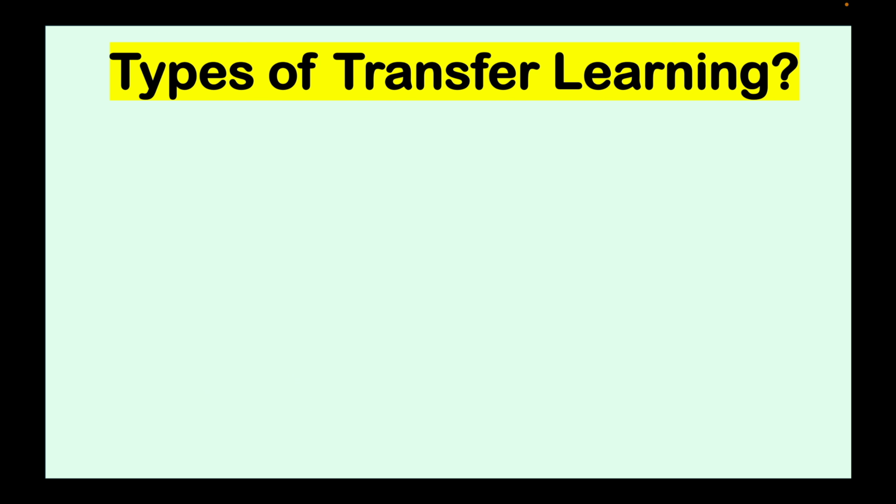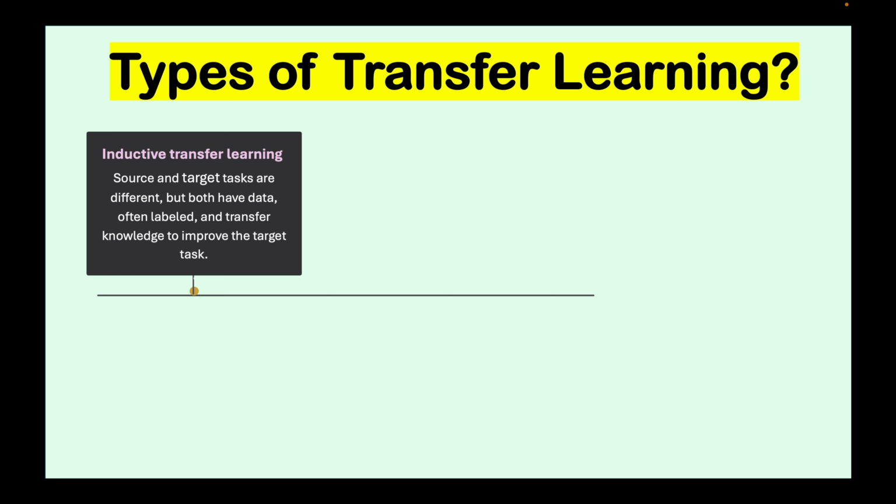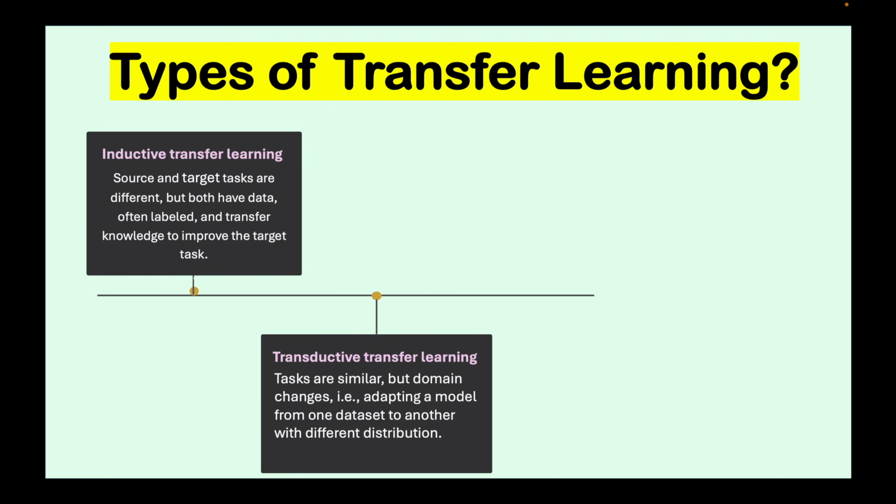Types of transfer learning. Transfer learning can be categorized into different types. First, inductive transfer learning. Here, the source task and the target task are different, but both have data, often labeled, and we transfer knowledge to improve the target task. For example, object detection model knowledge can transfer to medical classification. Next is transductive transfer learning.